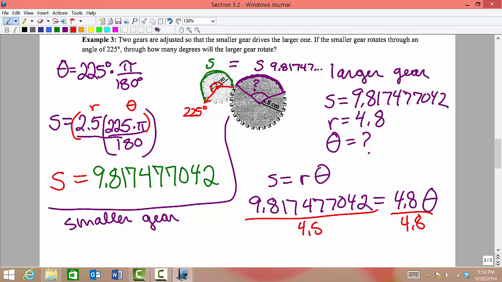So that value that you left in your calculator, now we're going to divide that by 4.8. And that's going to tell us our angle theta. And when I get that into my calculator, I get about 2.0453077713.